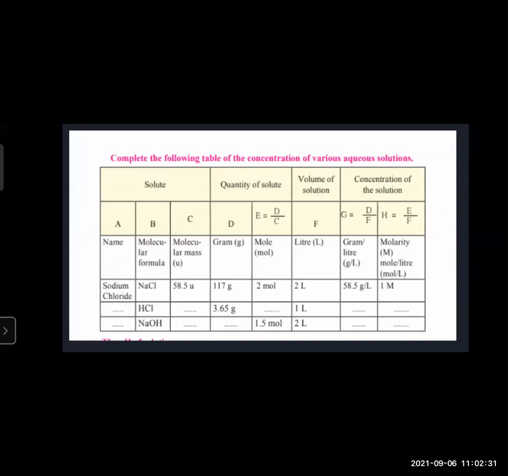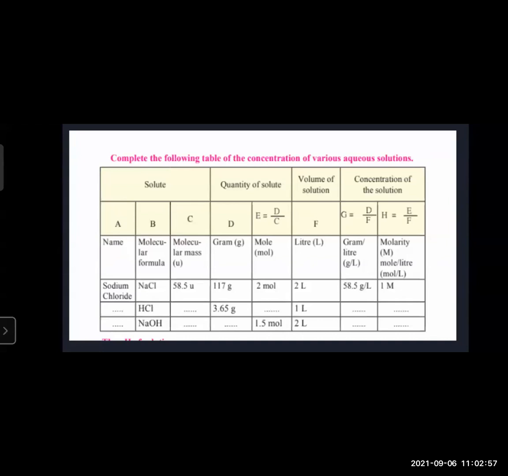Then how many moles will it be? We take the mass upon the molecular mass, that is 117 upon 58.5, so it comes to 2 moles. Then the volume of the solution will be 2 liters. And again, if you divide 117 by 2 liters, it becomes 58.5 grams per liter.